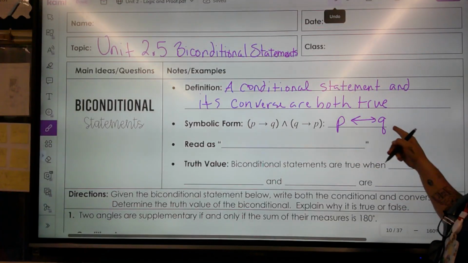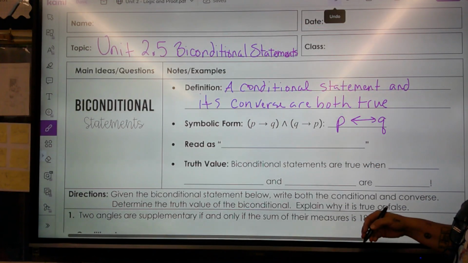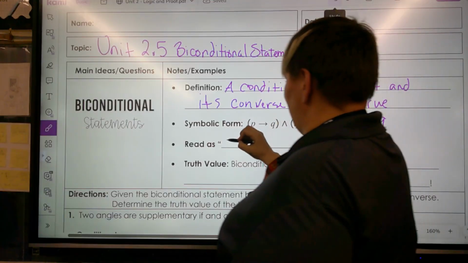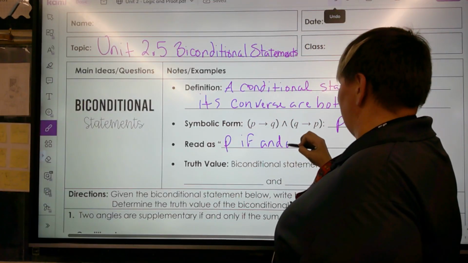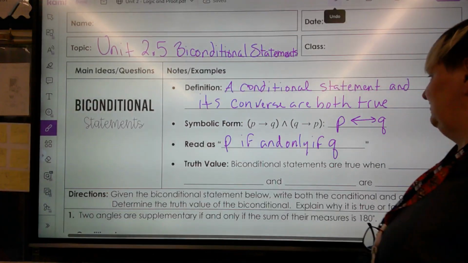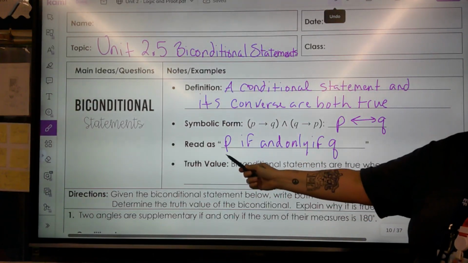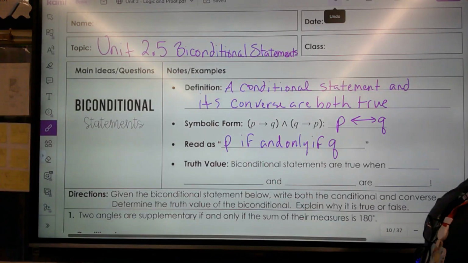It has to be true in this direction and in this direction. This is read as P if and only if Q. So P is only true if Q is true, and Q is only true if P is true, thus they have to be true if and only if they are both true.